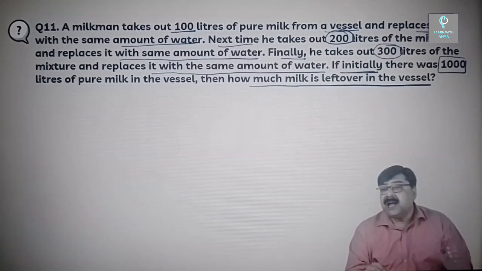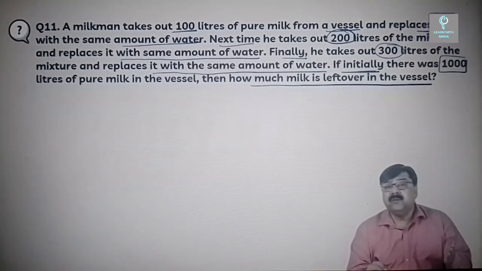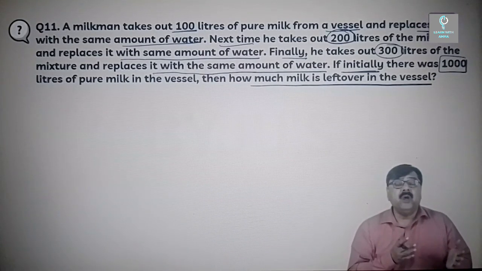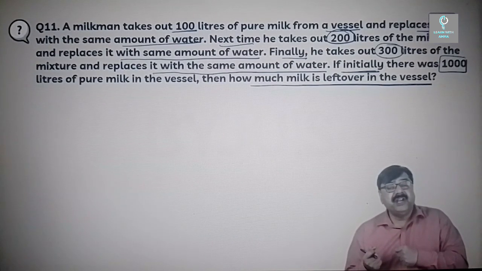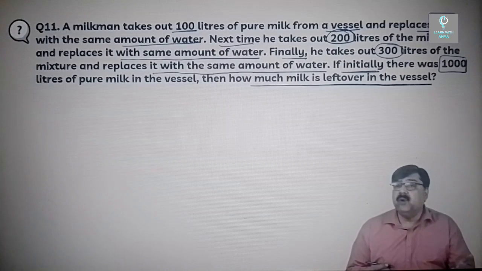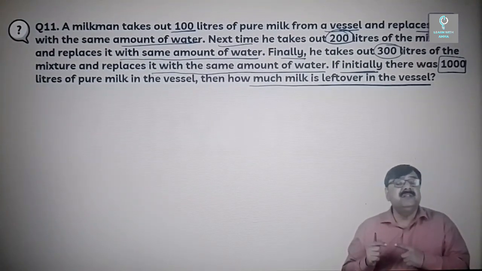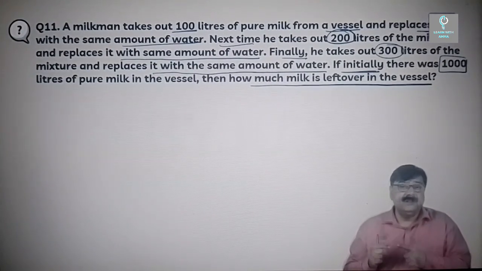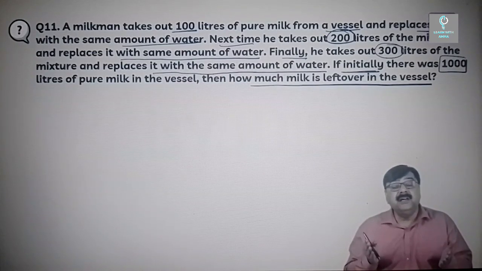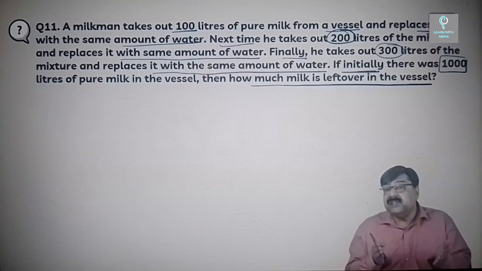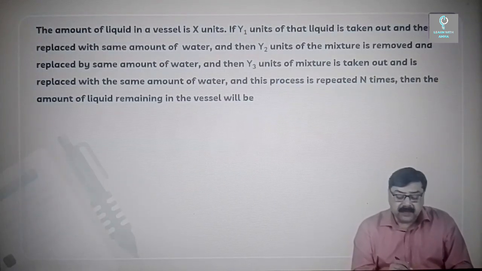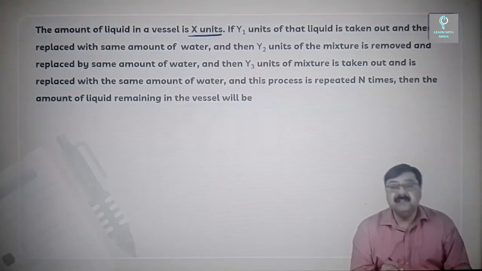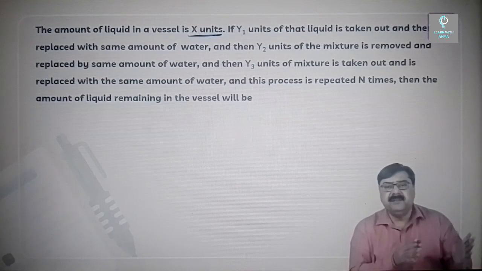Now, unlike the previous type of question wherein the amount of milk or mixture taken out was 11 kg, replaced with the same amount of water every time, this time different quantities of milk or mixture are being taken out of the vessel. Let us say the amount of liquid in a vessel is x units initially, same as the previous case.